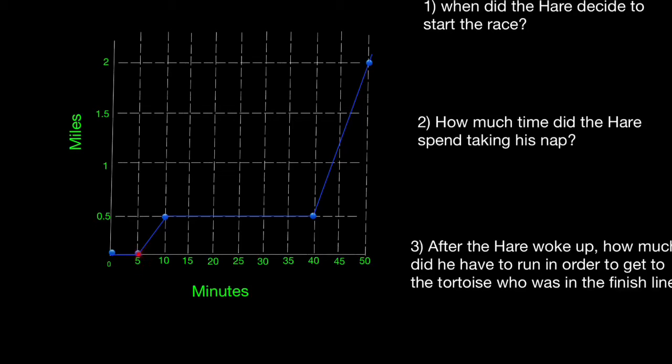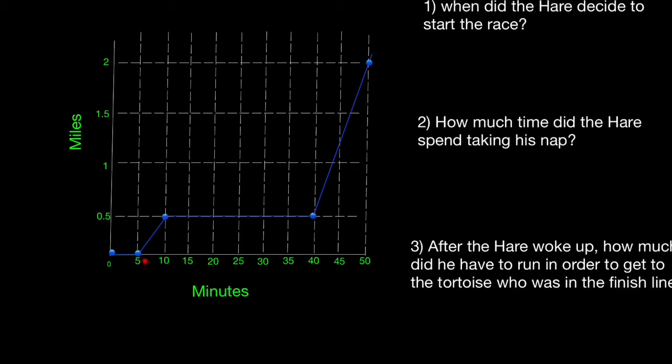But then the hare decides to begin his jog. Somewhere along this interval, the hare crosses the tortoise and he gets overconfident again, so he decides to take a nap. He takes a nap for a while, but when he wakes up, he sees that the tortoise is already crossing the finish line, so he decides to dash towards the tortoise.